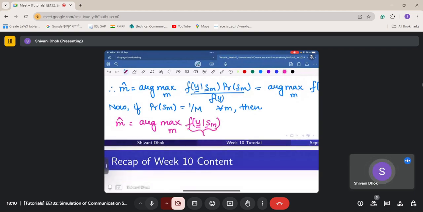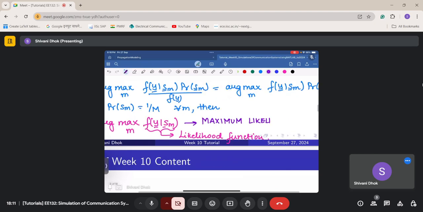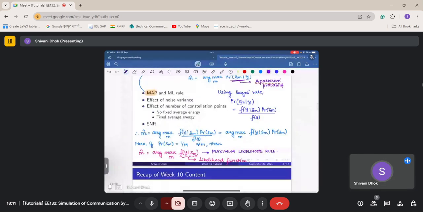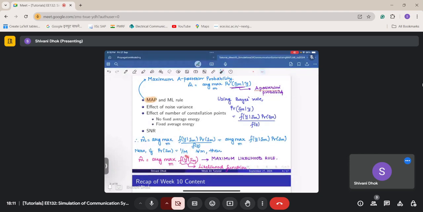This PDF is known as the likelihood function, and therefore this rule is known as the maximum likelihood rule. So this was the MAP rule and this was the ML rule.